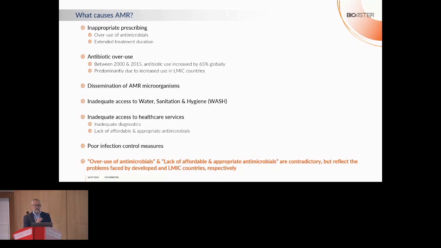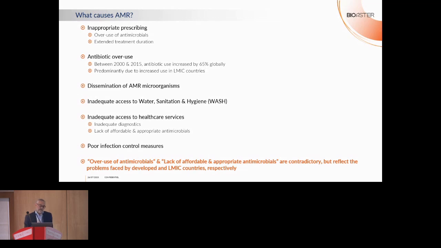Between 2000 and 2015, antibiotic use increased by 65% globally. This is a huge problem. This is predominantly due to increased use in LMIC countries. Obviously, the dissemination of AMR microorganisms is a huge problem, as is inadequate access to water, sanitation, and hygiene.